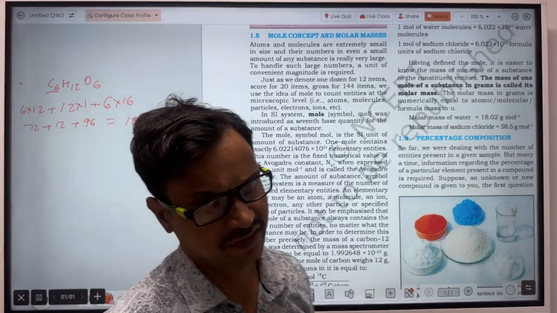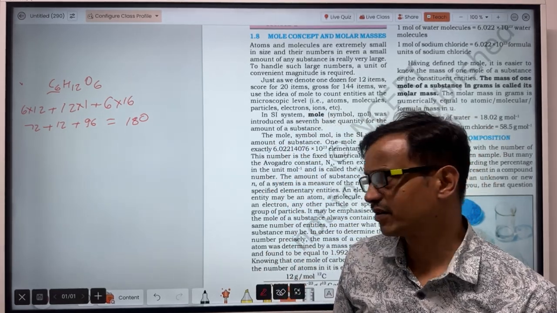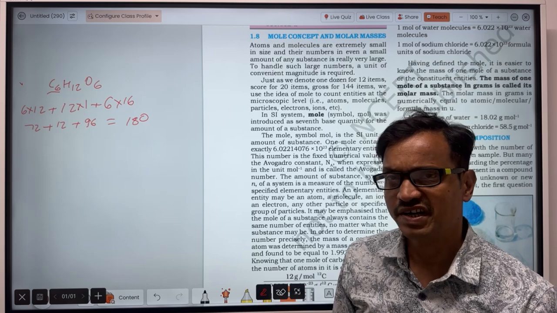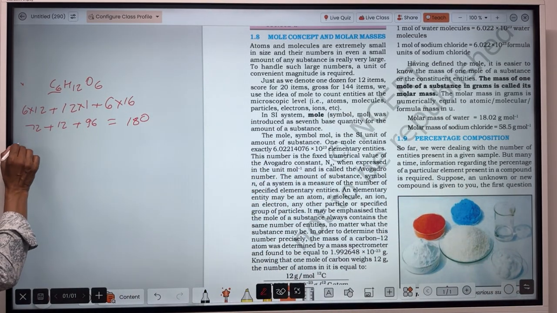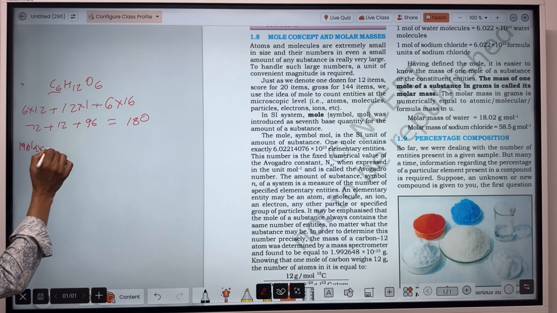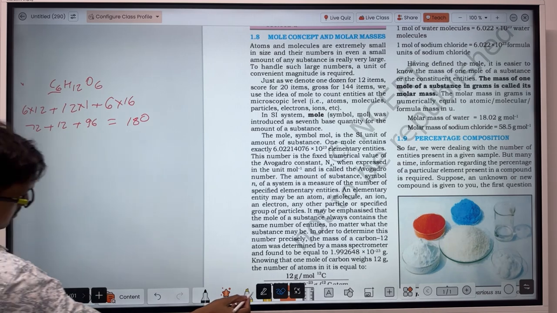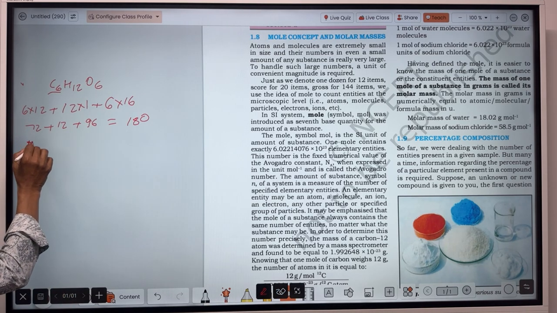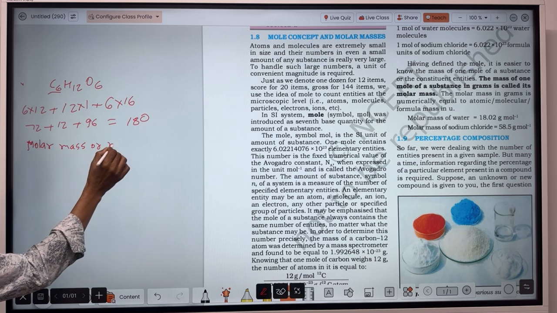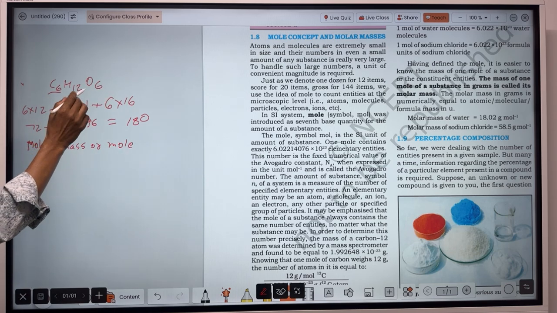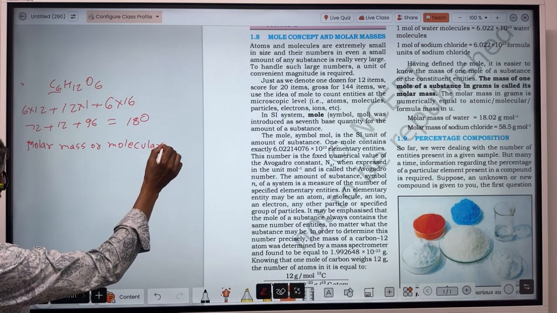So the molecular weight of glucose is 180, or the molar mass of glucose is 180 U. Since this is a molecule, that's why we tell molecular mass.